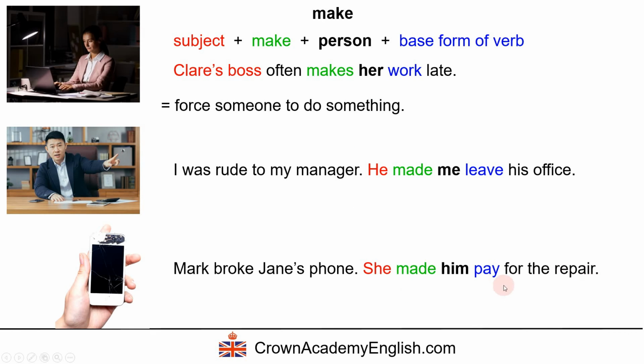Okay, she wasn't happy. So of course this is the past simple form of the verb make. And again, as always, we have the base form of the verb. And again, like I said earlier, this is the object personal pronoun. He made me. She made him.